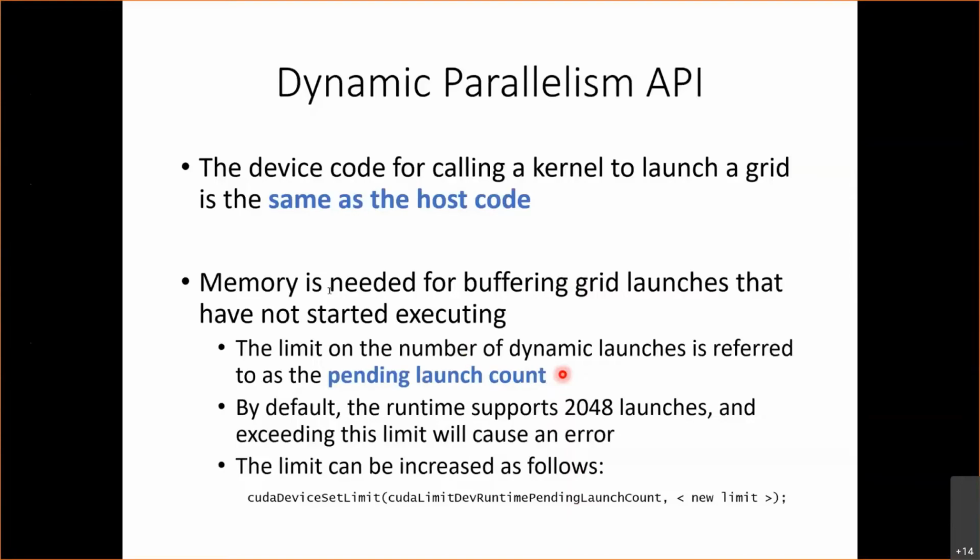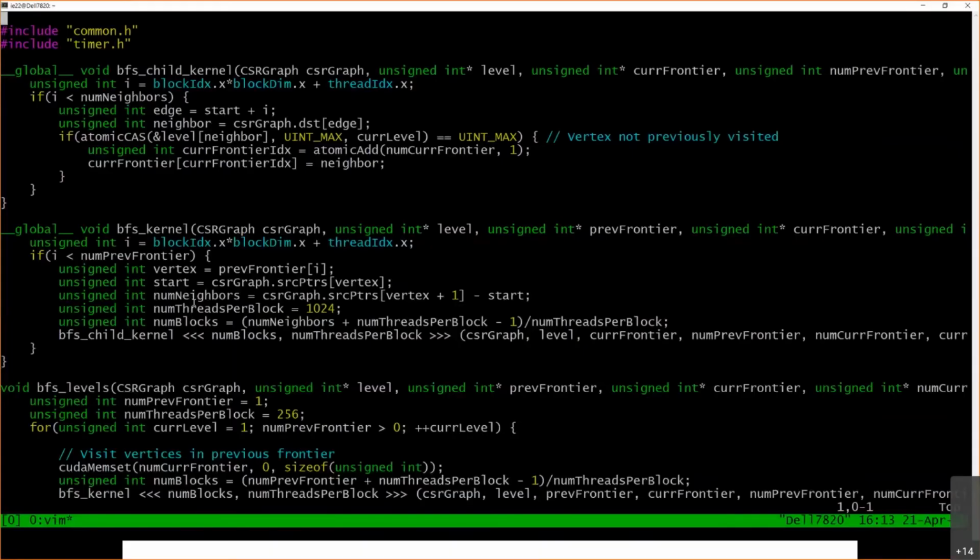Every thread performs a launch, so we could potentially have as many threads as we have vertices in the graph. My graph could have much more than 2048 vertices. So using parallelism in this way, I want to increase my pending launch count to accommodate as many launches as I have vertices in my graph.